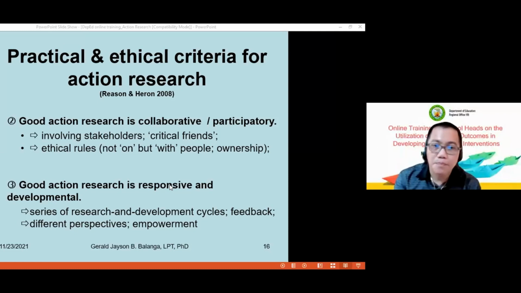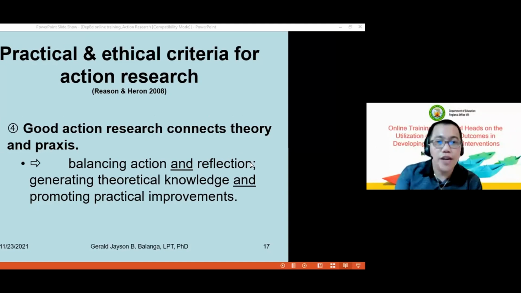Kaya responsive, the moment the problem is diagnosed or detected, you right away propose an action research. It connects theory and praxis. So you balance action and reflection. Promote practical improvements. That's why you implement an intervention so that you can promote certain improvements.